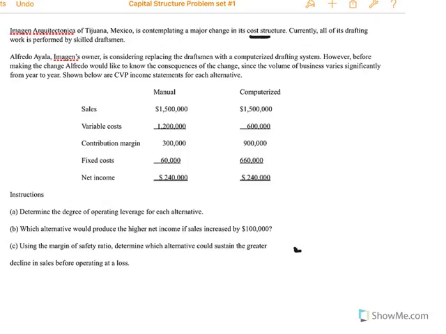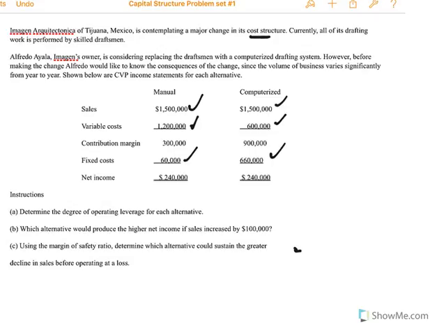However, before making the change, he would like to know the consequences of that change, since the volume of business varies significantly from year to year. Shown below are the cost, volume, profit income statements for each alternative. Sales is the same for manual and computerized, but the variable cost for manual is quite a bit higher because it's direct labor, while the fixed cost on computerized is considerably higher than the fixed cost under manual.